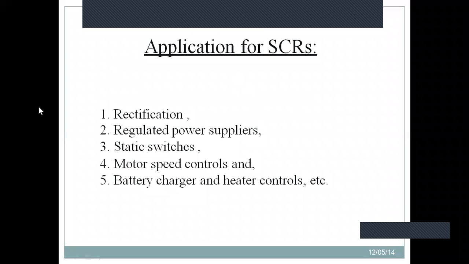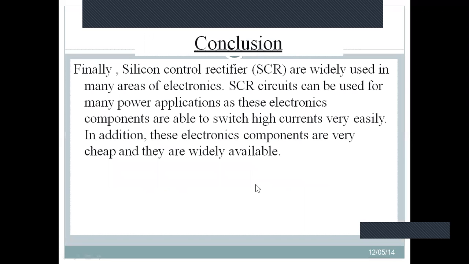The applications of SCR are rectification, regulated power supply, static switches, motor speed control, battery charger, heat control, etc.